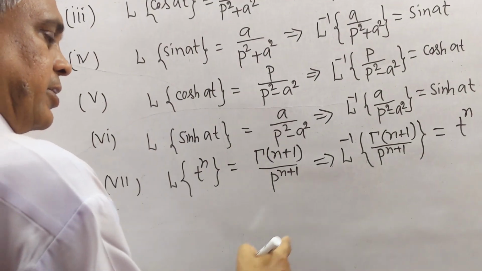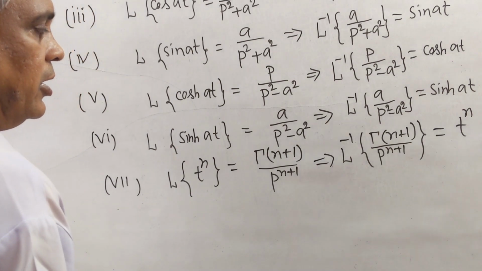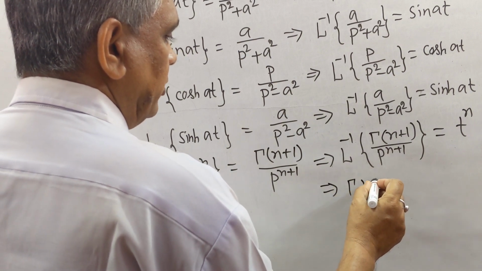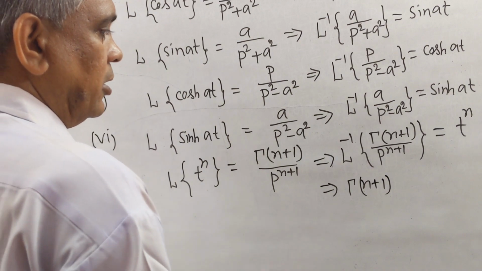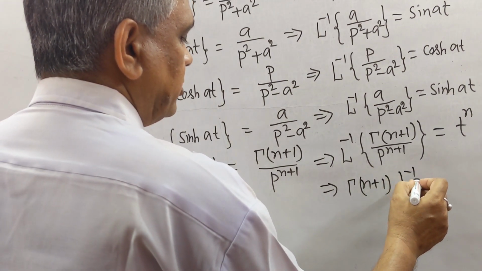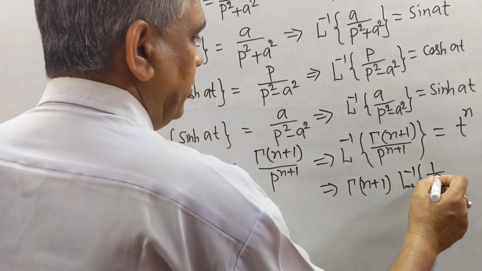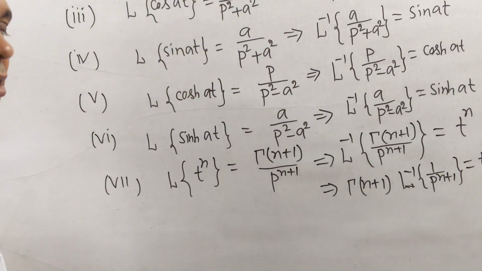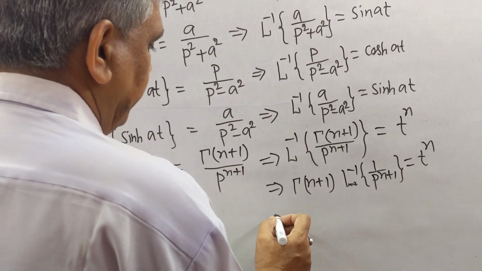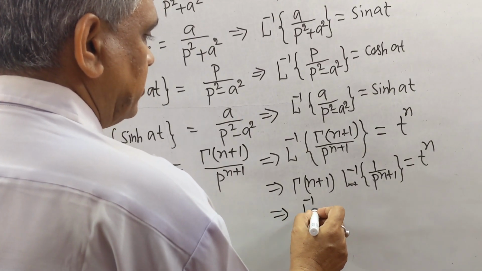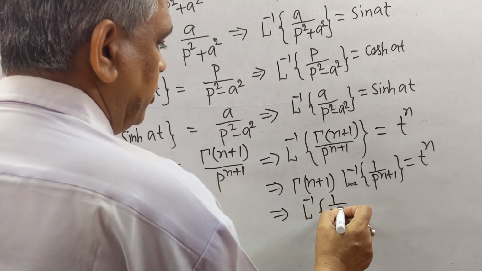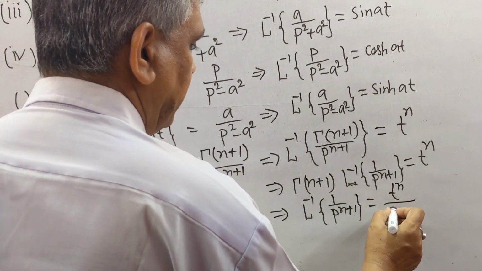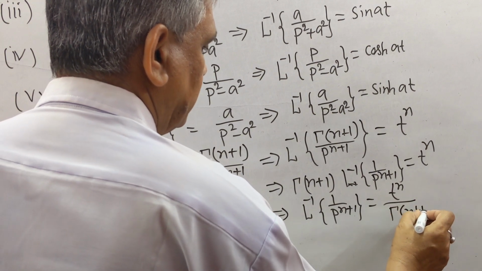As we have seen that inverse Laplace transformation is a linear transformation, so we may write gamma (n plus 1) outside: L inverse 1 by p to the power (n plus 1) = t to the power n by gamma function (n plus 1).